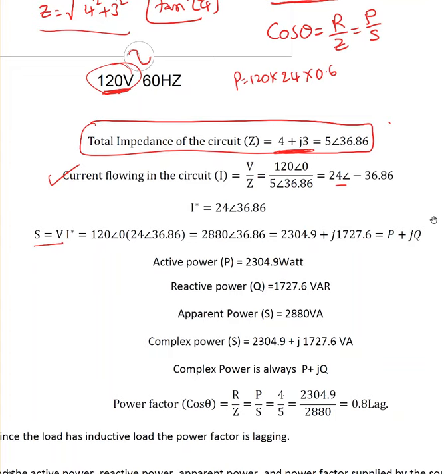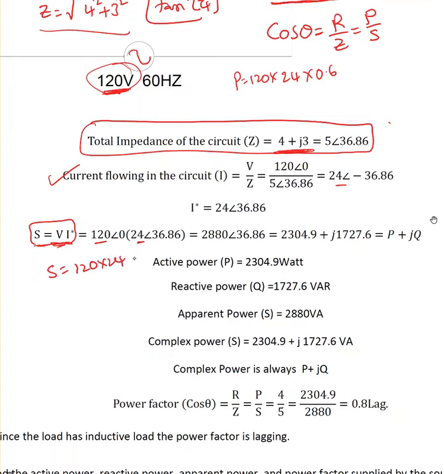Okay, I think you shouldn't do that. Whenever you use VI conjugate, we have to use only the magnitude, not the phase angle. It looks like I made a mistake here, but it is useful down the line. So when I say S equal to VI conjugate, I have to use only the magnitudes, 120 and 24.